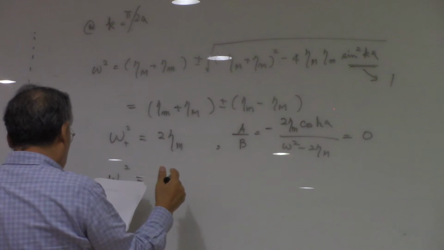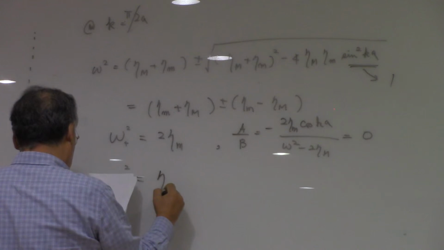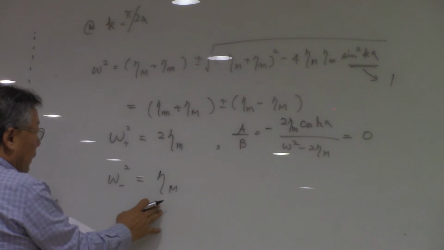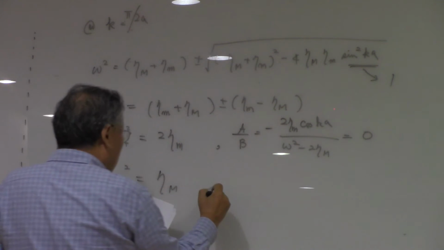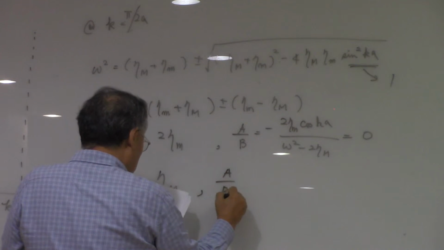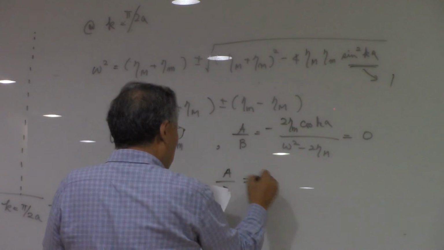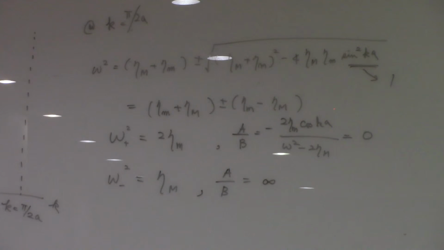Let me go through the other ones. That is going to be large M, and then a over b is going to be infinity. So one value is here, large M is going to be, let's say, something like this.